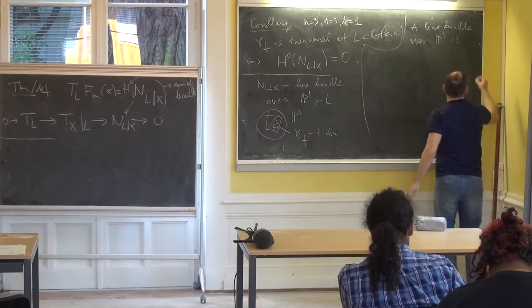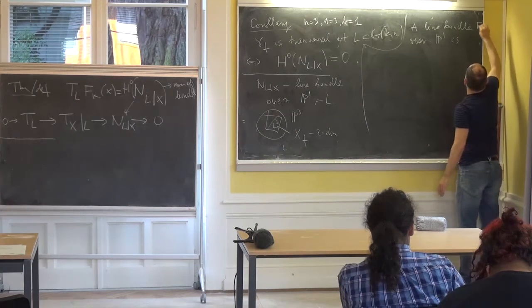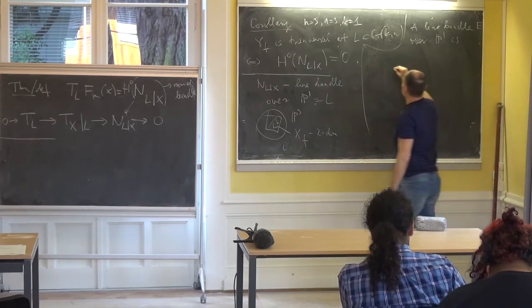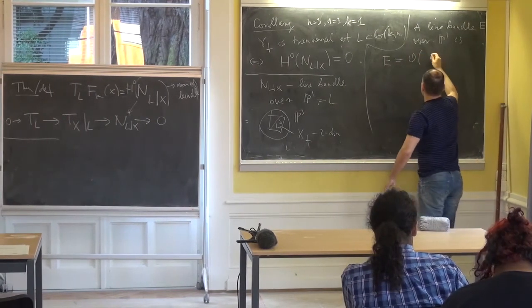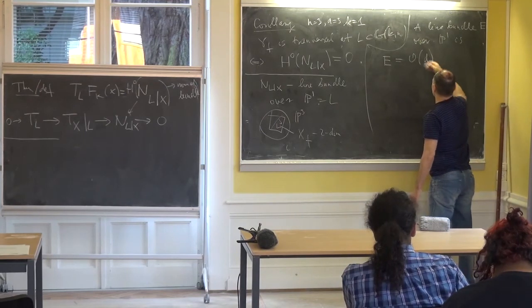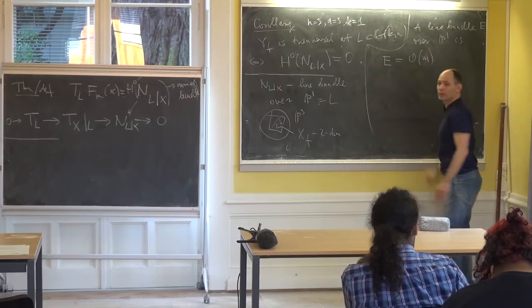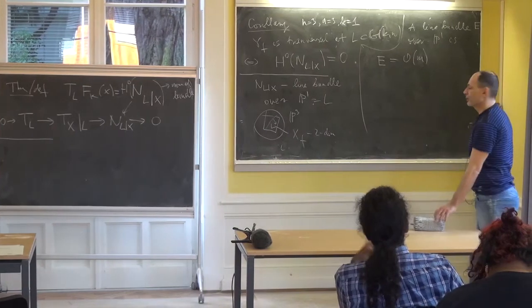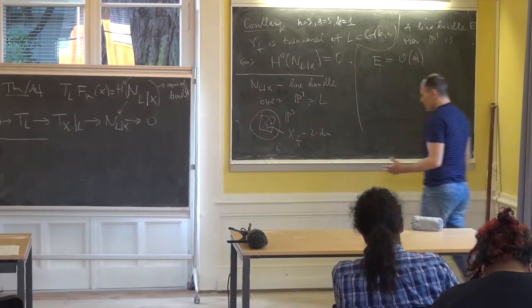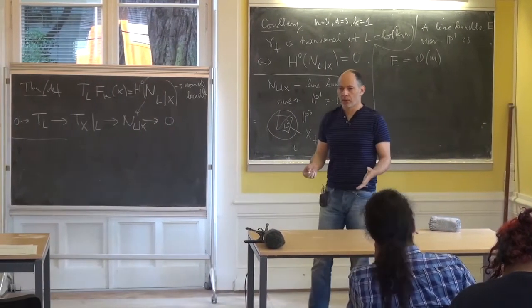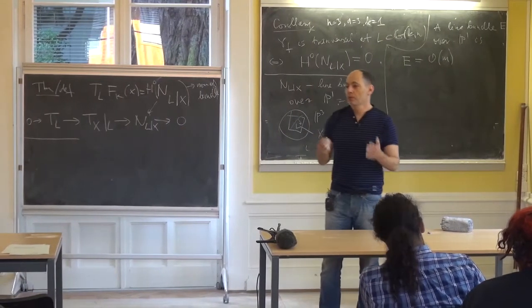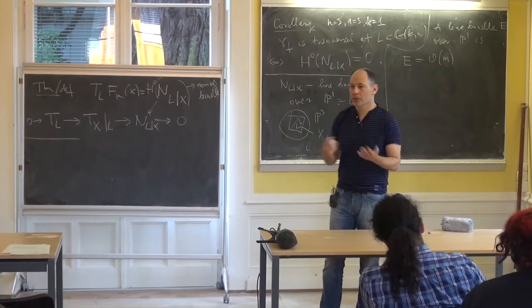So a line bundle E over P1, if you think of sheaves, has a degree, let's call it M, so E is O of M. The reason this is easy is that we can easily classify all line bundles over P1. They are just O of M for some M in the integers.